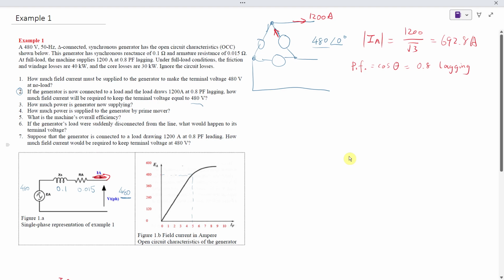It is not the power factor at the terminal, because the terminal is related to the line voltage and the line current. We're not talking about that. We're talking about the phase voltage. In this case, phase voltage and line voltage are the same, but it's versus the phase current as well. The phase current here is IA. All right, so we know the phase voltage is at 0 degrees.